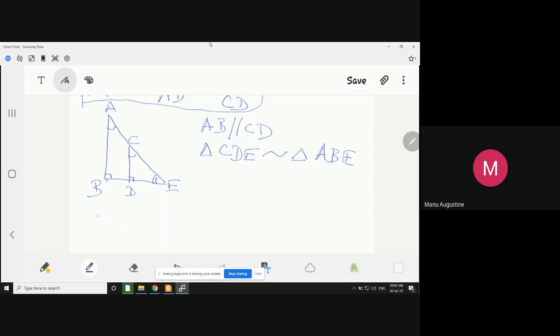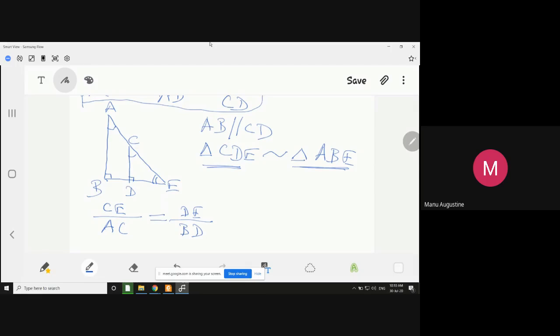I am claiming that since CDE is similar to ABE, the line segment CE divided by AC will also be equal to the ratio of the other sides, that means DE by BD.